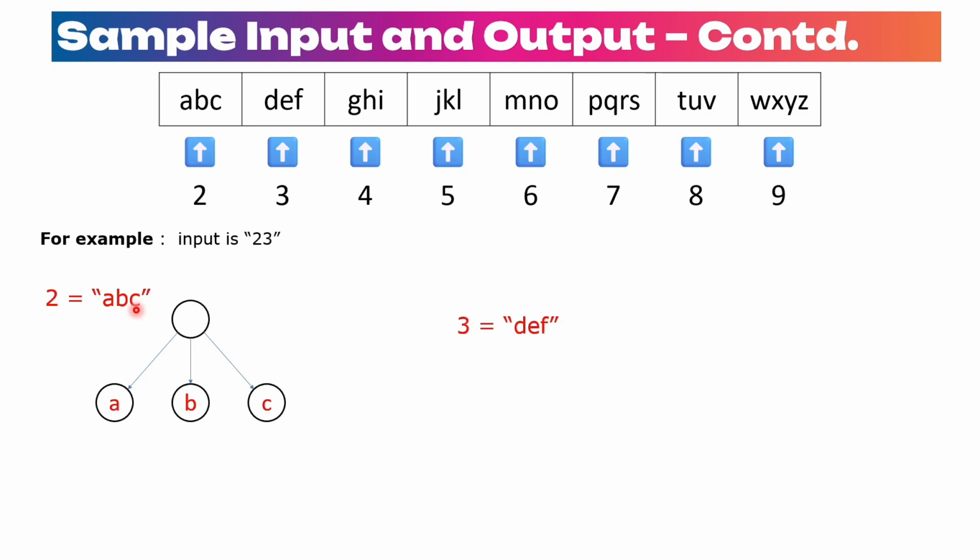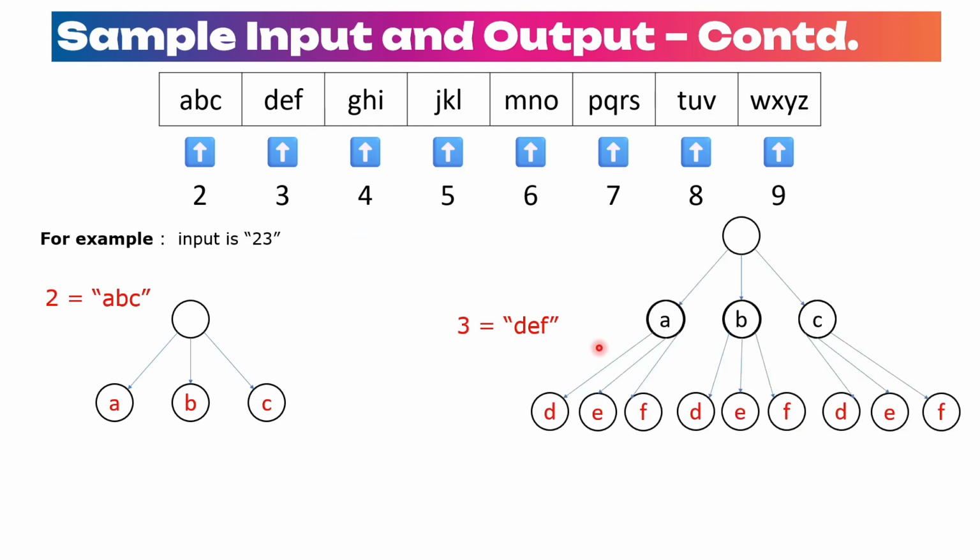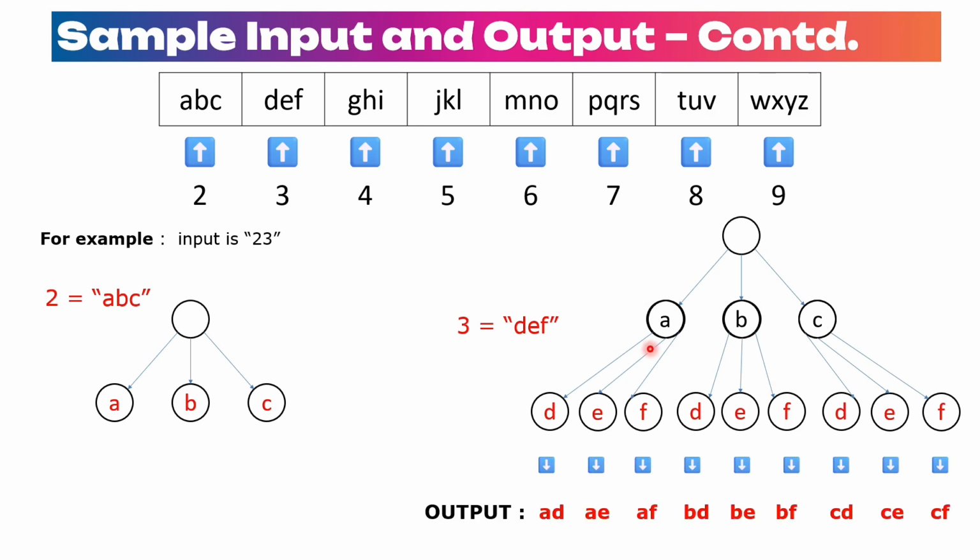Then we will have the next and the last digit from the input as 3, which has the possible characters D, E, F. So these three mapped characters D, E, F will be mapped with each character in the character set of digit 2, that are A, B, C. So this will make 3 into 3, totally 9 combinations. Thus the output is AD, AE, AF, BD, BE, BF, CD, CE, CF.